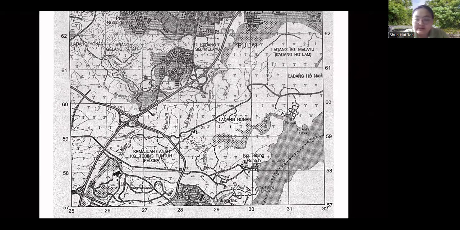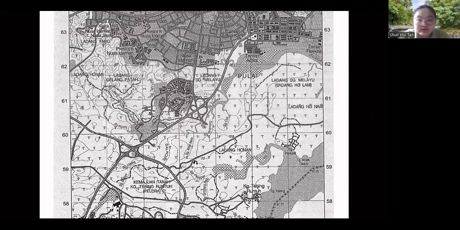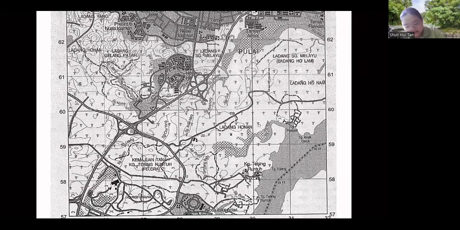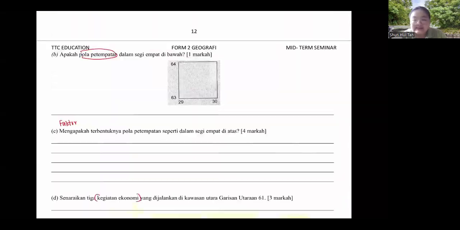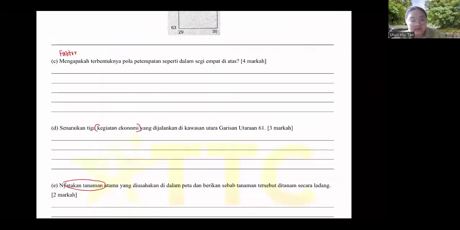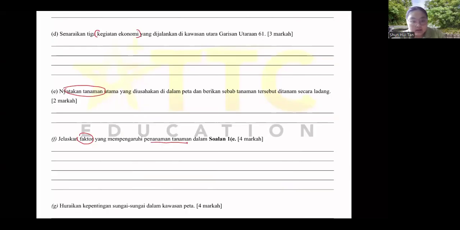What is the crops that they plant? Look at the map. The main one was very big. Yes, this kelapa sawit. All right. Now, so yes, kelapa sawit. So you write down first. Comma, they say nyatakan tanaman. So the tanaman is kelapa sawit. But read the question. They say dan berikan sebab.